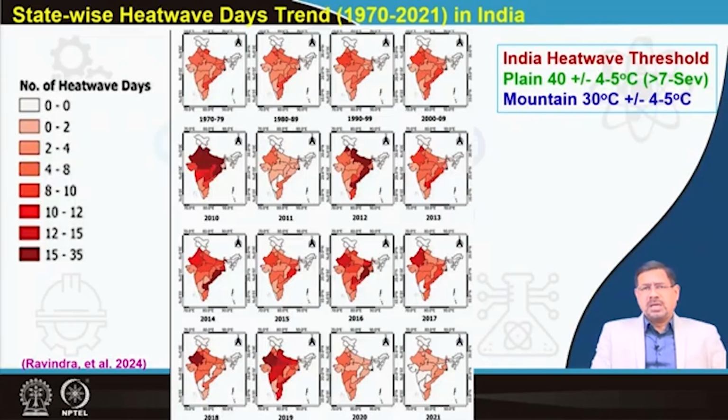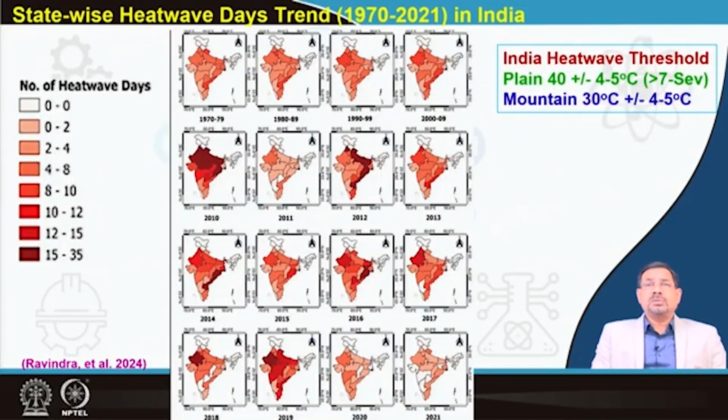If the maximum temperature is going beyond 40 degree centigrade, and then rises up to 4 to 5 degree centigrade higher, we put it under heat wave demarcation. If it is more than 7 degree, we put it under severe heat wave demarcation.